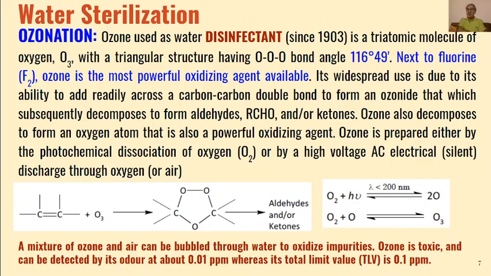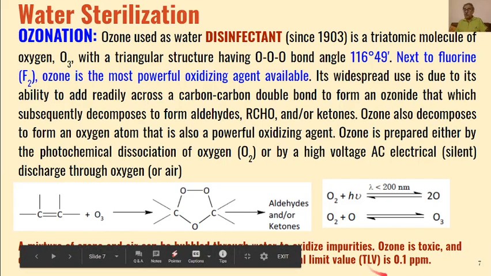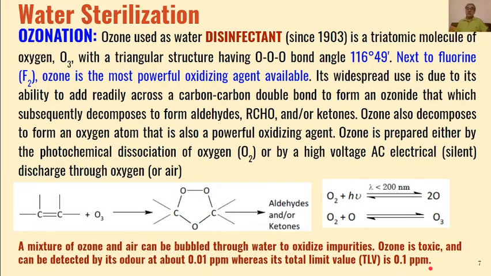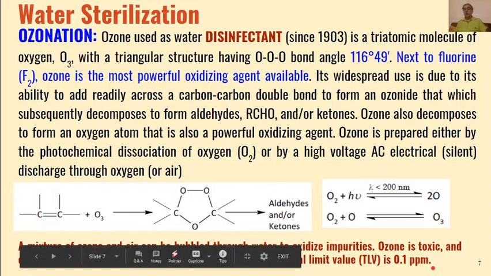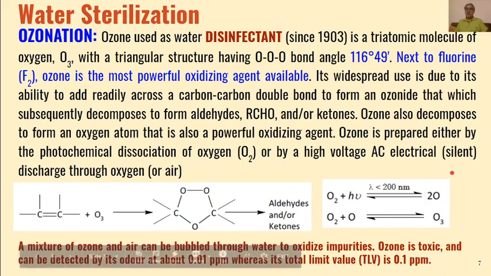Because ozone is a toxic molecule, it can be detected by its odor if its concentration is more than 0.01 ppm, and the limit value for ozone is 0.1 ppm in the treated water. If the value is more than that, then you have to remove the excess ozone present in the water, because that is toxic in nature.